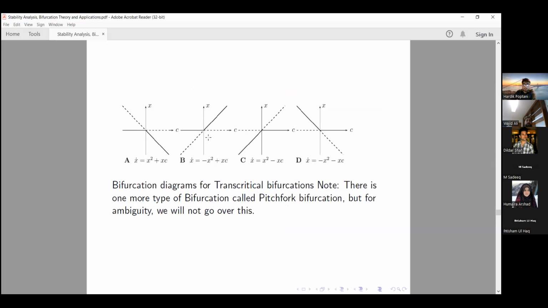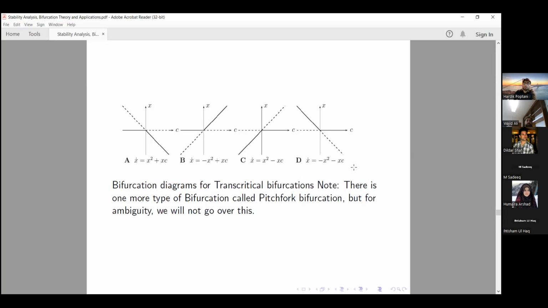Likewise, this equation right here is similar to this. For positive c, we know that this branch is stable and that one is unstable, and on this side of the parameter, it is now unstable. Similar to this, with a dotted line: unstable, unstable, stable going down. This is how bifurcation diagrams for transcritical bifurcations look.